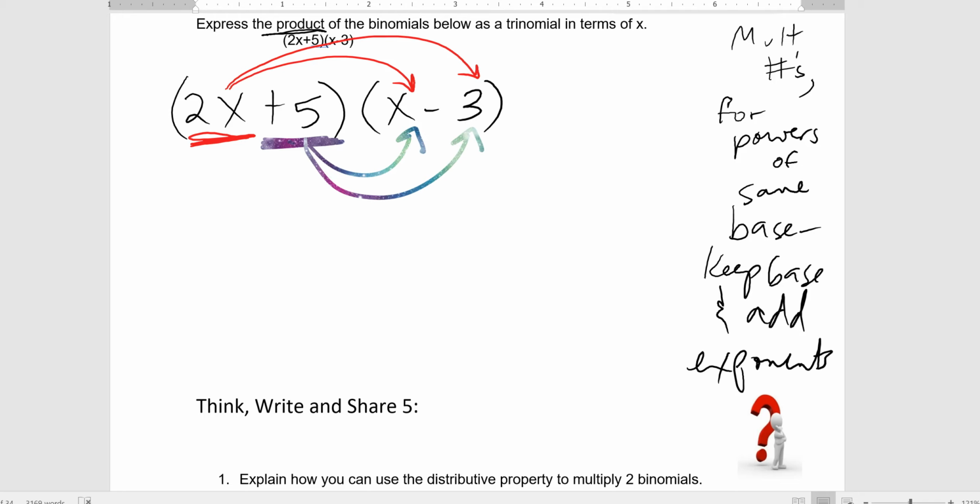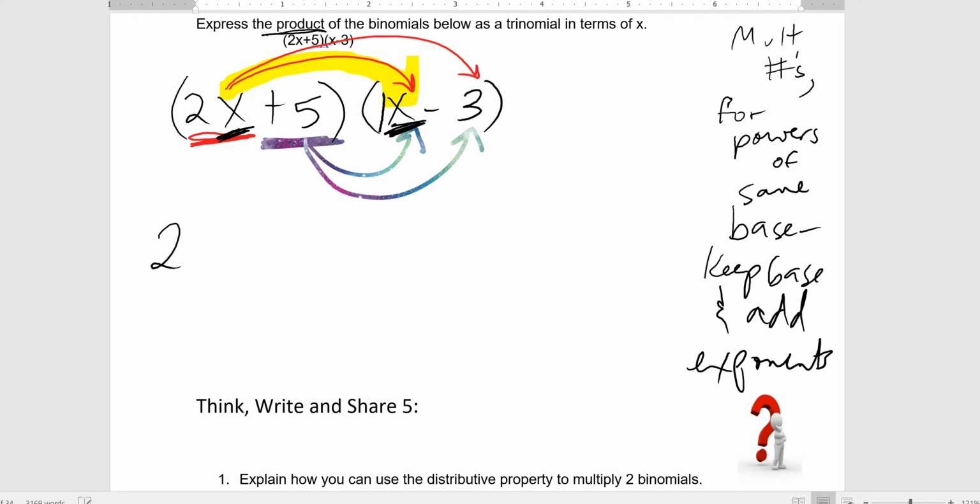So the first thing we're doing is 2x times x. So we're supposed to multiply the numbers. I don't see a number in front of x, so I understand it's a 1. 2 times 1 is 2. Next, powers of the same base, the x's, we're supposed to keep the base and add the exponents.